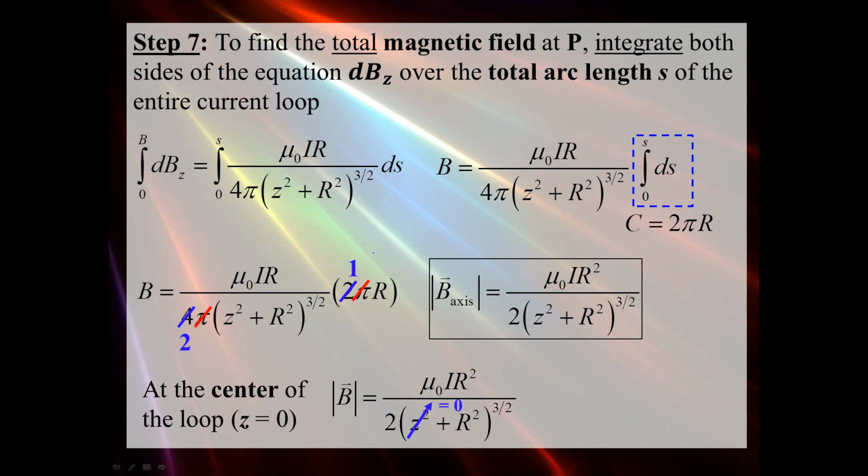So r squared to the power of 3 over 2, those 2's would cancel, just leaving you with that cube. And then, if you have r cubed on the bottom and r squared on the top, you can get rid of the r squared on the top, and you'd be left with a single r on the bottom, which would then give you a really simplified equation for the magnetic field at the center, which is mu naught I divided by 2 times the radius of the loop.